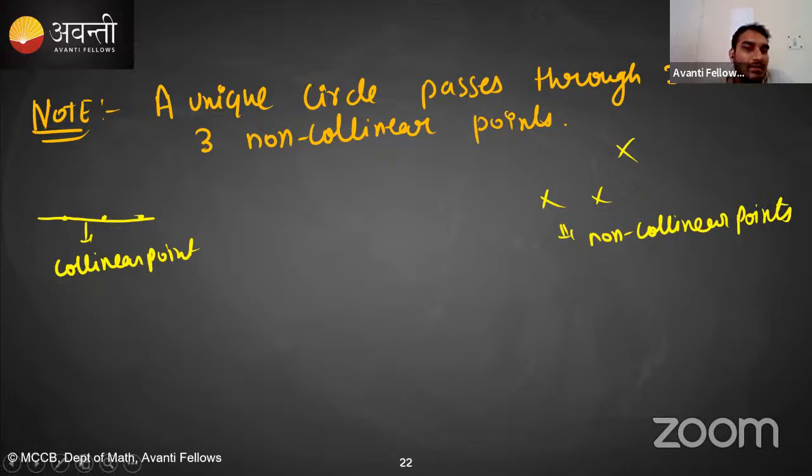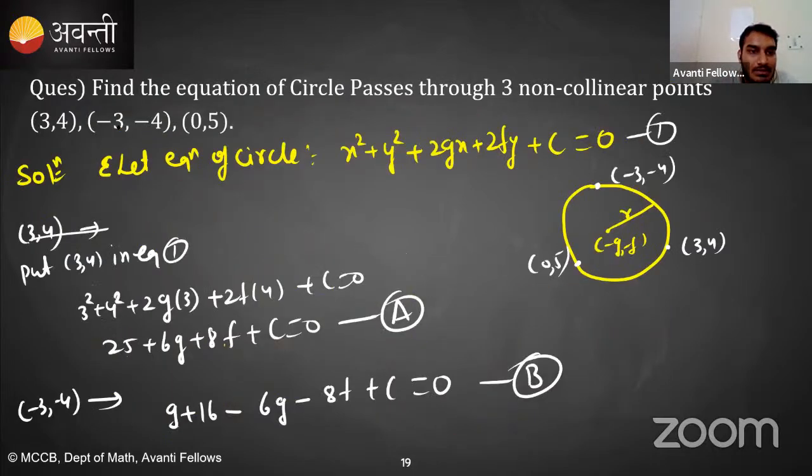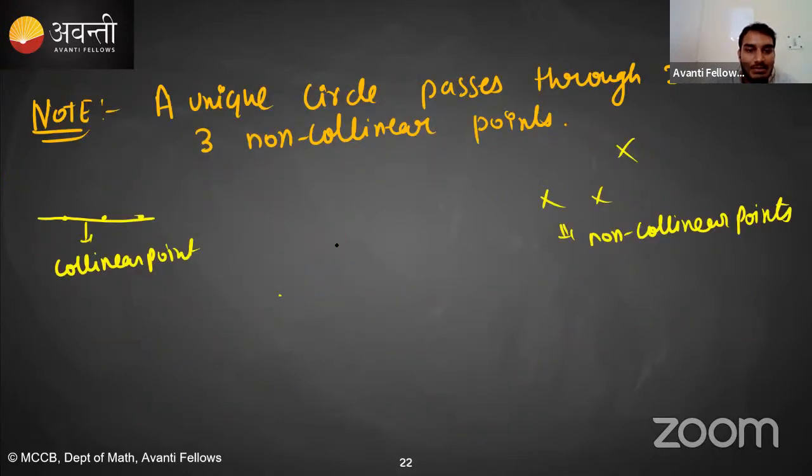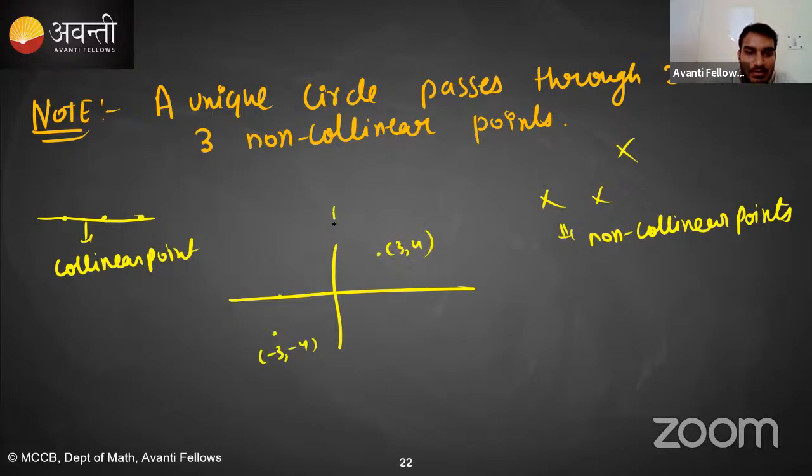So what I'm saying is, whenever you are given three non-collinear points, there is always a unique circle that will pass through those 3 points. In this case, these 3 points are non-collinear. You can easily see that: 3,4 is somewhere here, minus 3, minus 4 somewhere here, and 0,5 is somewhere here.